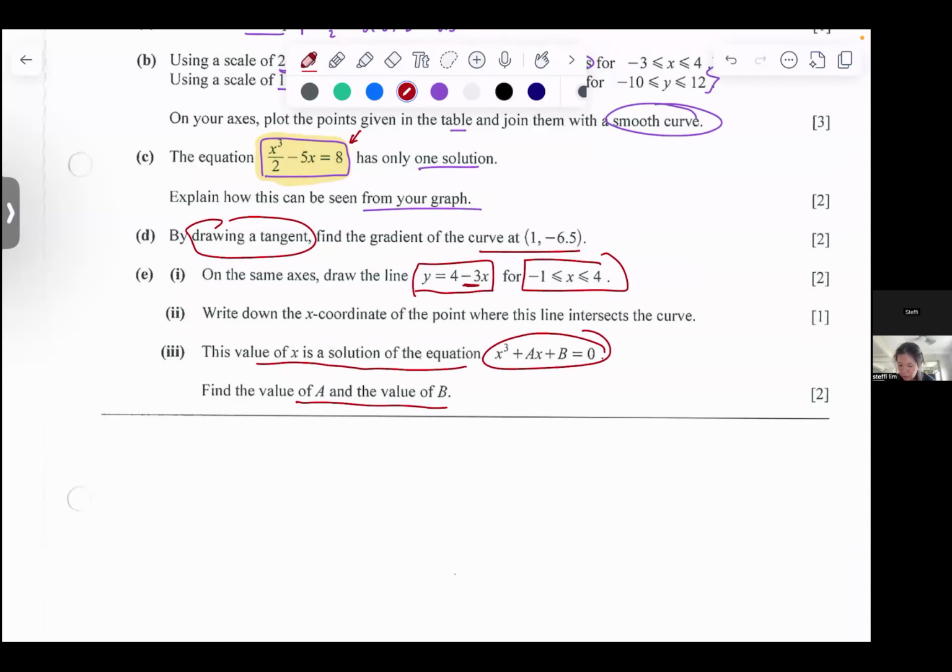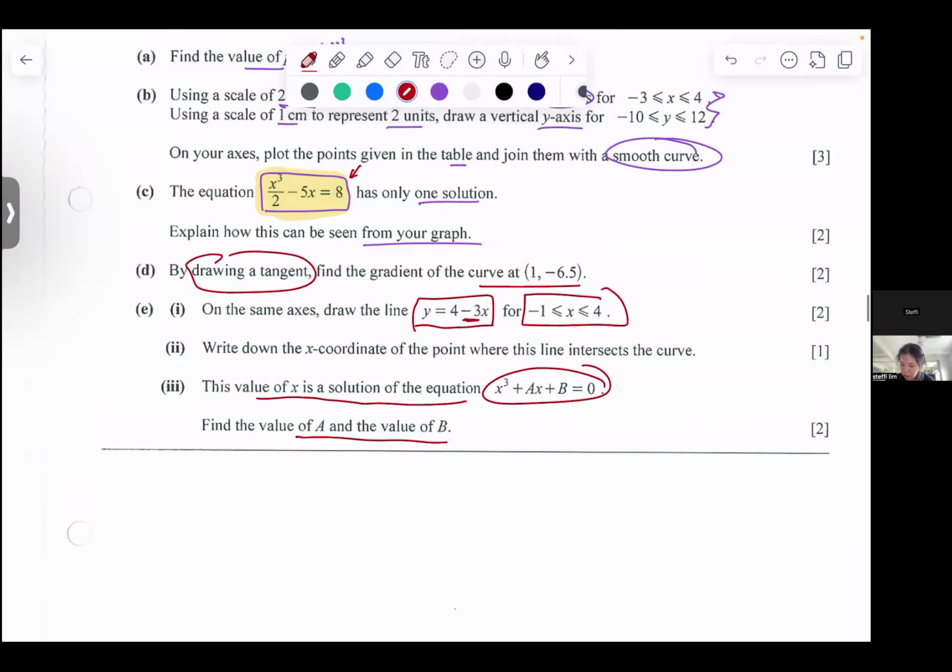So when they say value of x is a solution of the equation, what can you infer from this? That actually they're talking about this new line that you have drawn and the original cubic equation, right?